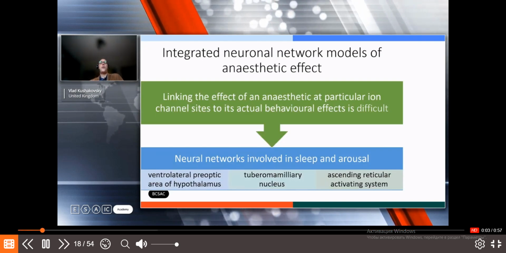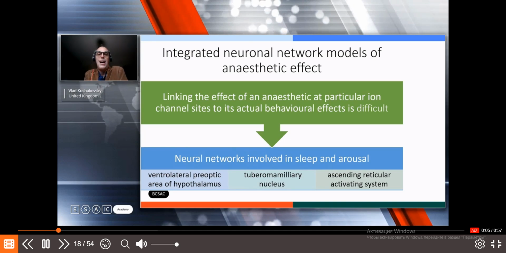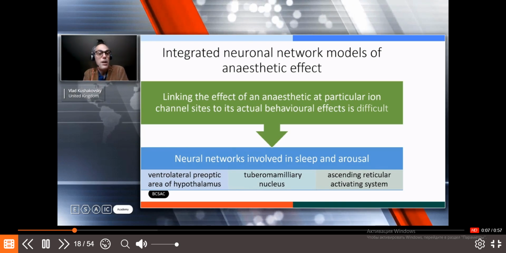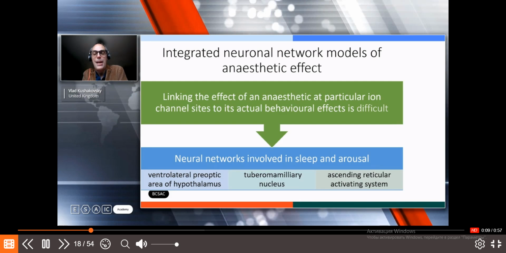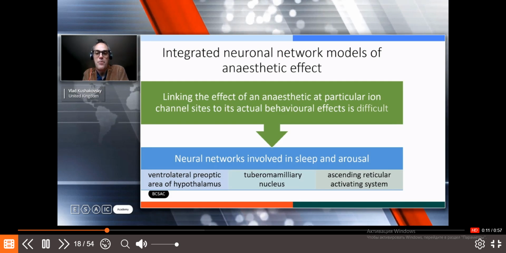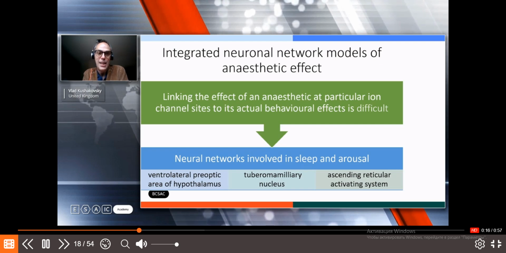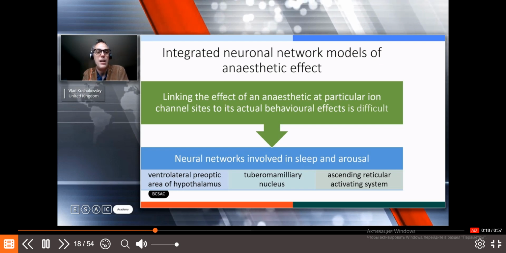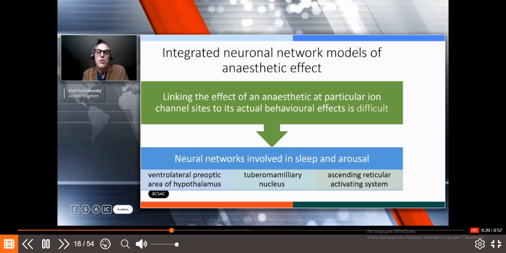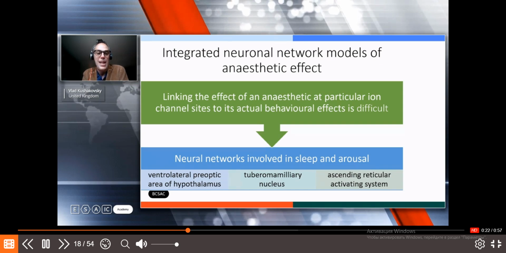Integrated neural network models are complex and interesting. It has always been very difficult to link the effect of an anesthetic at a particular ion channel to its actual behavioral effects.